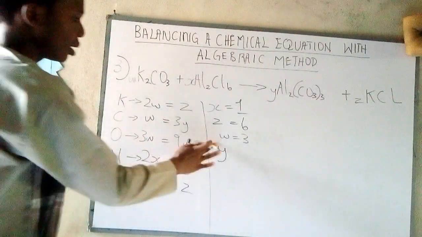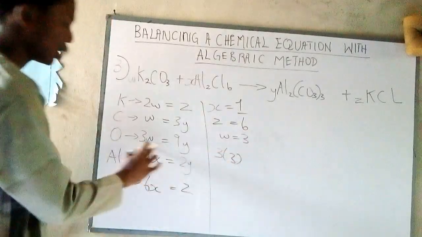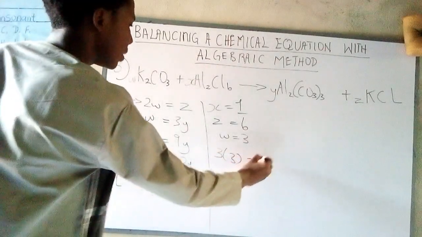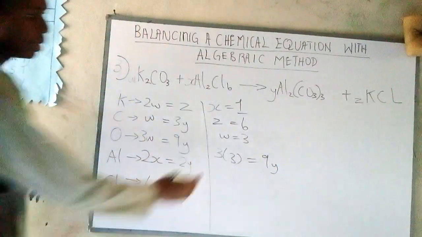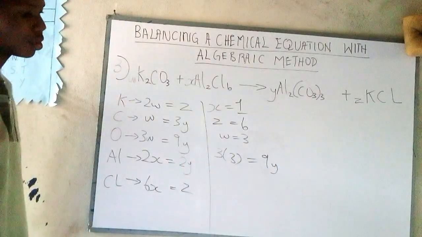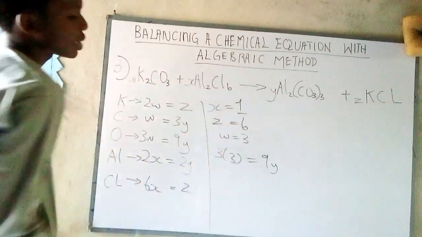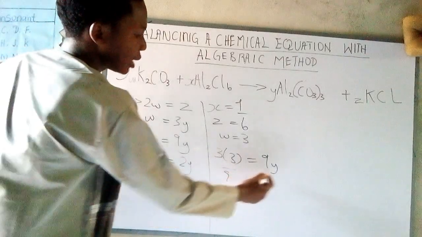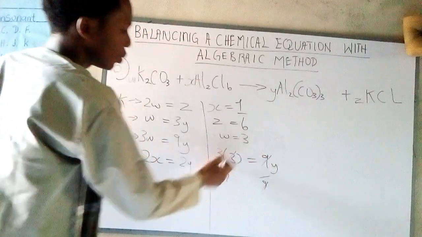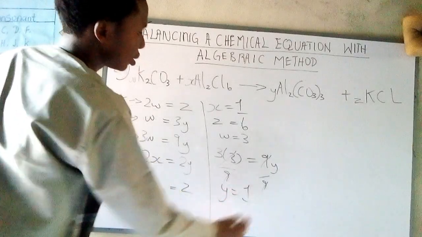So if we say 3 bracket 3 equals 9y, 3 times 3 is going to give us 9. So if it gives us 9, we cancel out obviously. 9 divided by 9 over 9, 1, 1 out. So y is equal to 1.